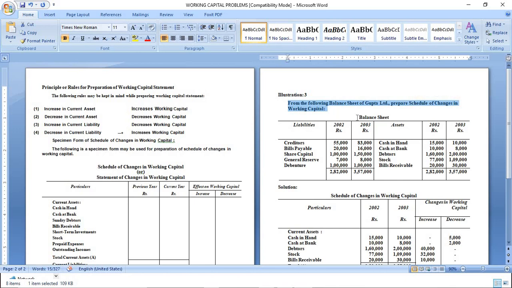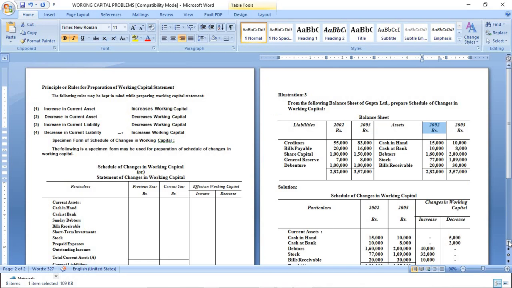The balance sheet has a liabilities column and an assets column, with two years mentioned, 2002 and 2003. The liabilities column has creditors, bills payable, share capital, general reserve, debentures, with amounts mentioned. Similarly for assets: cash in hand, cash at bank, debtors, stock, bills, with amounts in both years, 2002 and 2003.